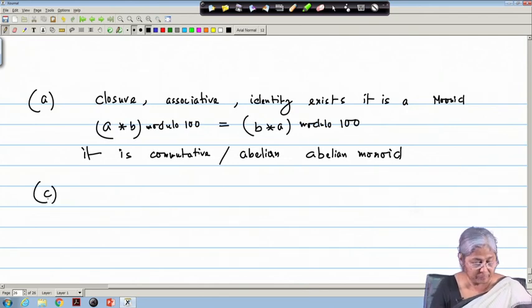Now, the C part, it is generated by a generator, and the generator is 07.